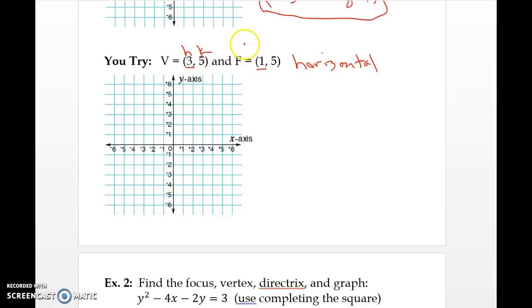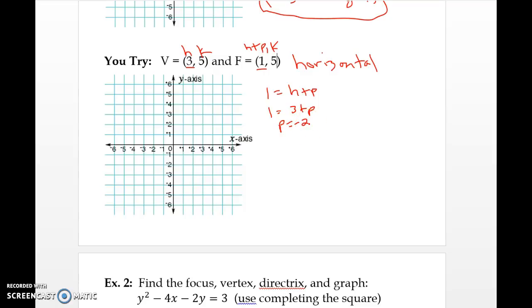Your focus is (h plus p, k). So I can say that 1 equals h plus p. And I know what h is because it's in the vertex. So that's 3 plus p. So that means p has to be negative 2.